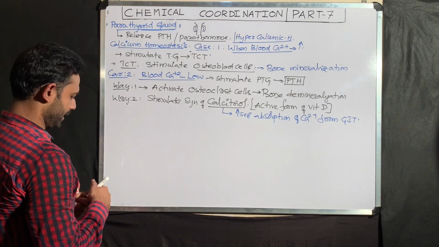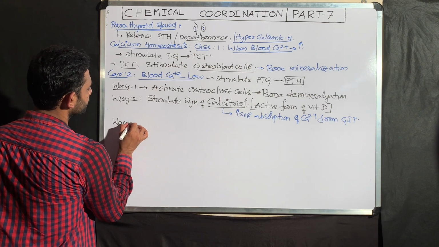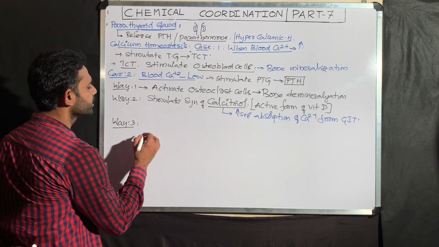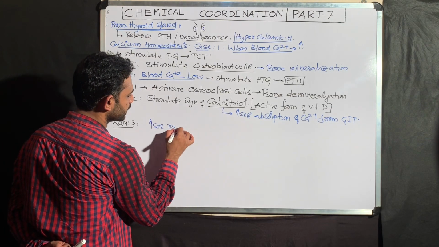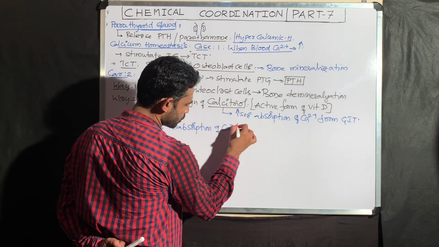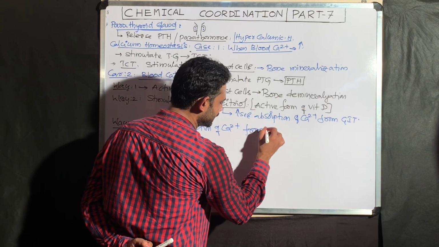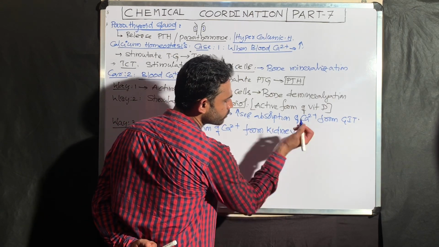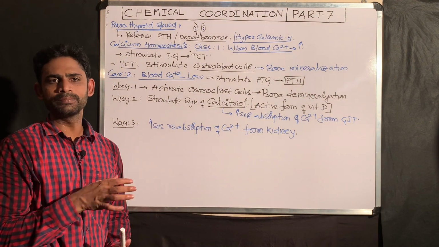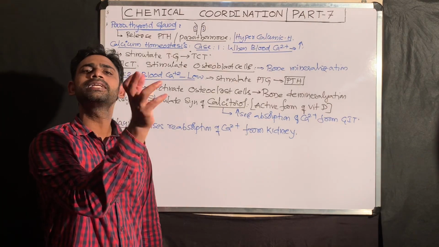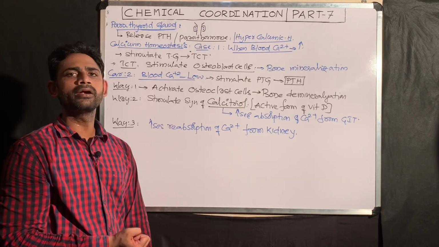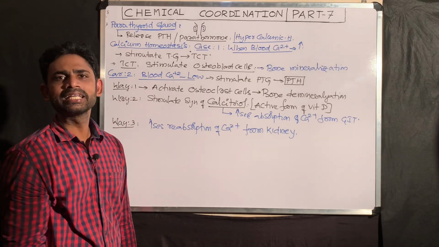The next way, the third way, is that PTH increases reabsorption of calcium from the kidneys. If any small amount of calcium is passing through urine, that calcium is reabsorbed into the blood, so the blood calcium level will increase. Finally, through these ways parathyroid hormone increases the blood calcium level.